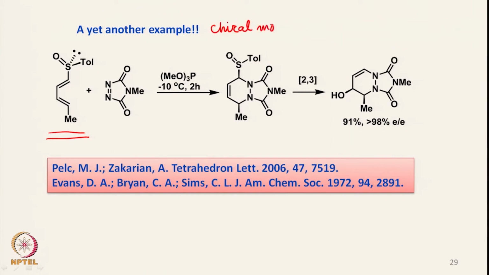If the sulfoxide is made chiral, this is a chiral sulfoxide, because sulfoxides can exist as enantiomers.